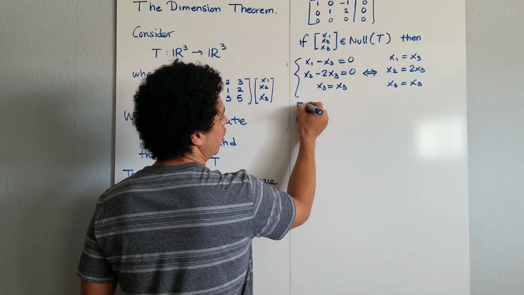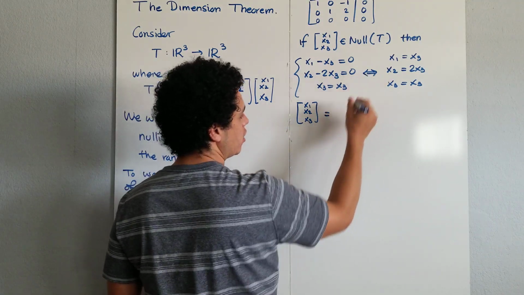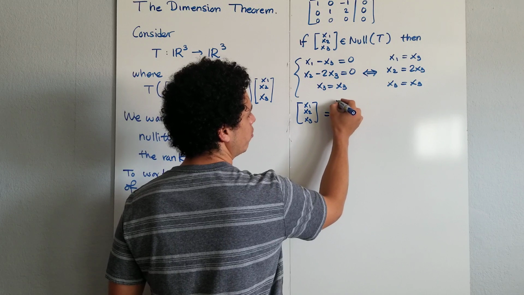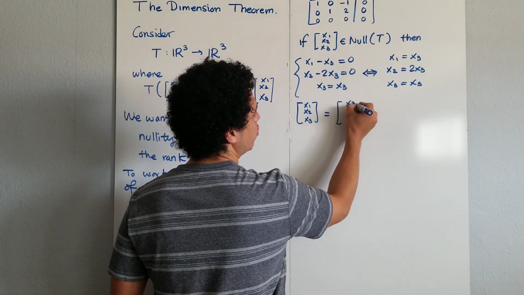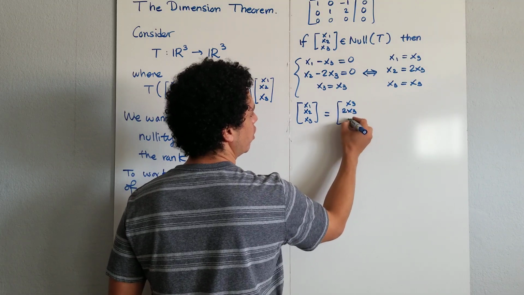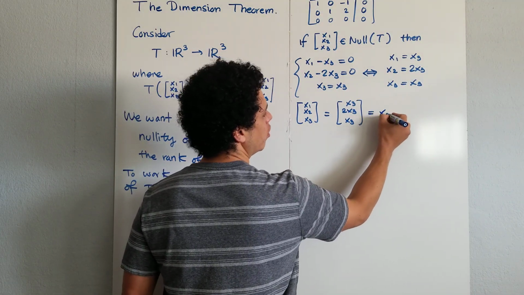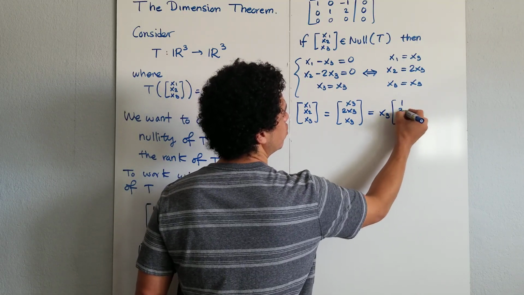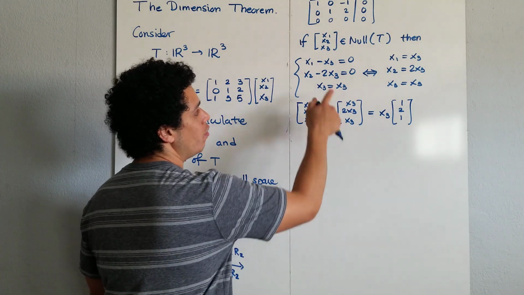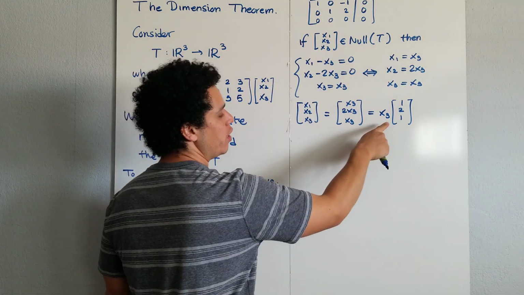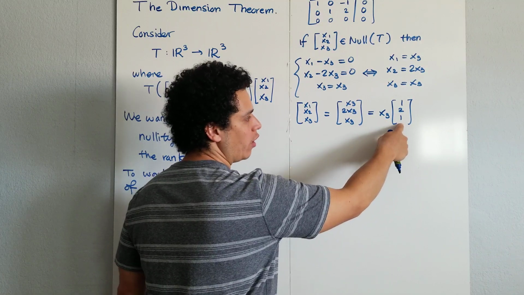First, x1, x2, x3 as the following. x3, 2x3, x3. Factoring out 1, 2, 1. Oh, so what this is saying is that if I have a vector that belongs to the null space, it can be represented as a scalar times this vector.